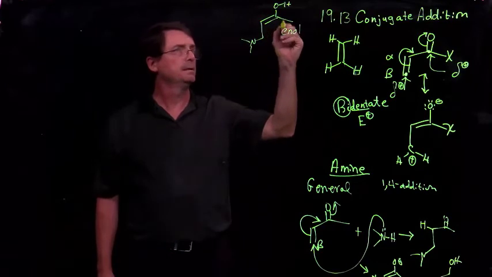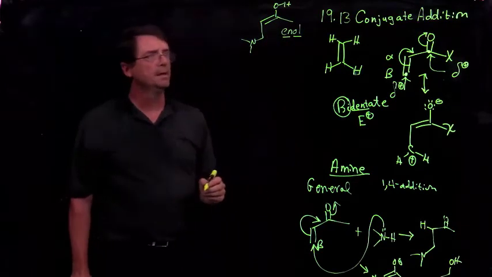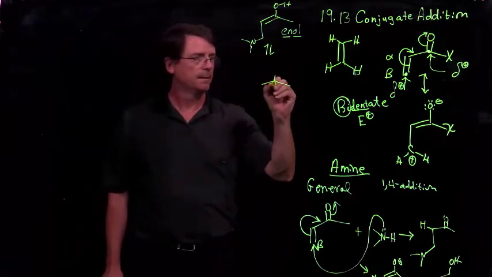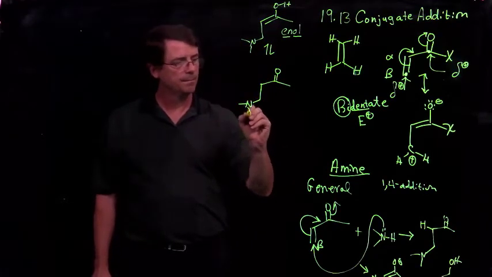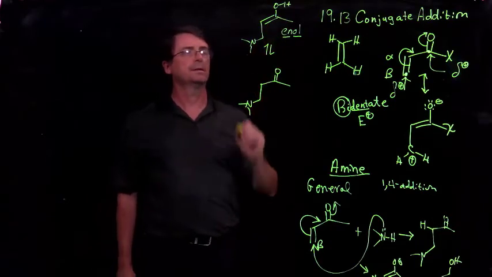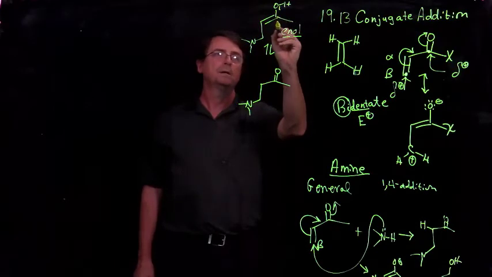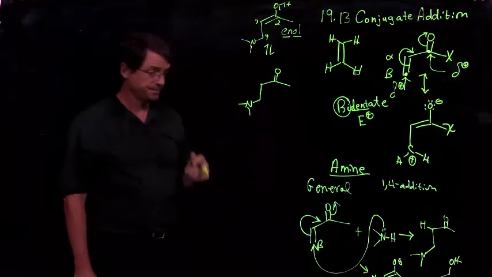This is the ene alcohol, ene and alcohol, the enol, and this undergoes keto-enol tautomerization because the thermodynamically favored form has the proton on the alpha carbon instead of the oxygen. So initially it is a 1, 2, 3, 4, 1,4 addition.